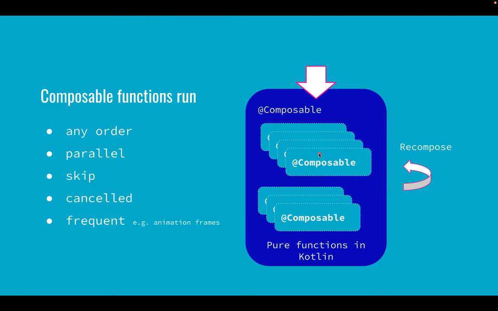It might run things in parallel. It might decide to skip things if state changes or the user leaves the screen. It can decide to cancel. And also, if it's busy animating, it can call a particular composable multiple times as it's animating the frames. So you see, these functions need to be efficient and not have any side effects. Otherwise, you might run into some problems.